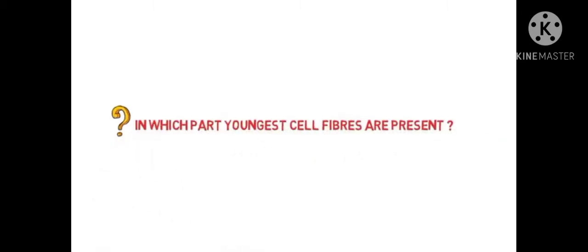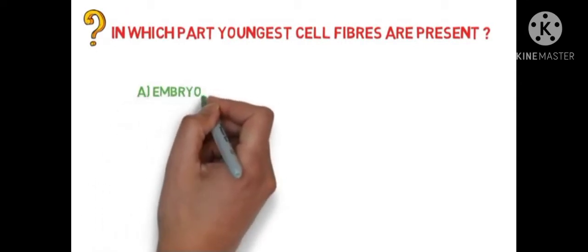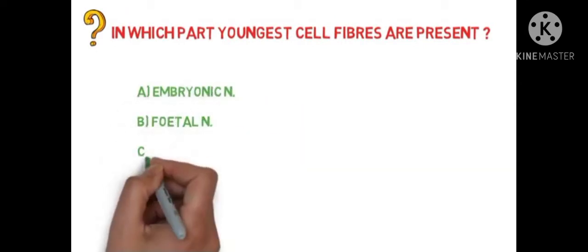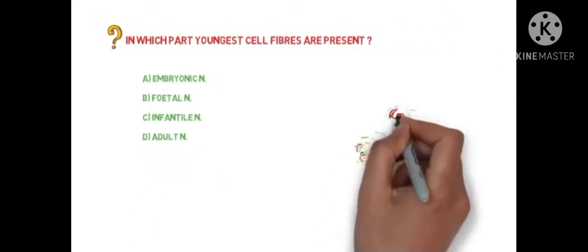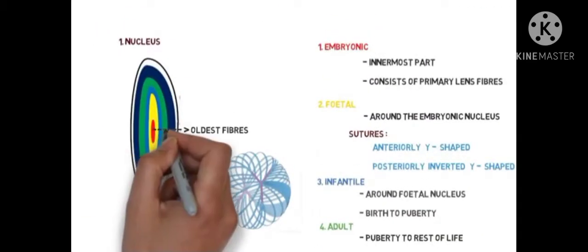And here we have a simple question: in which part are the youngest fibers present? The options are embryonic, fetal, infantile, or adult nucleus. What is your guess, or what do you think?